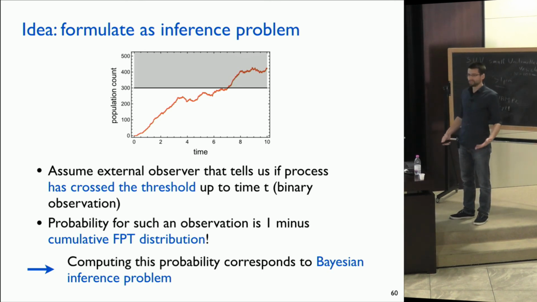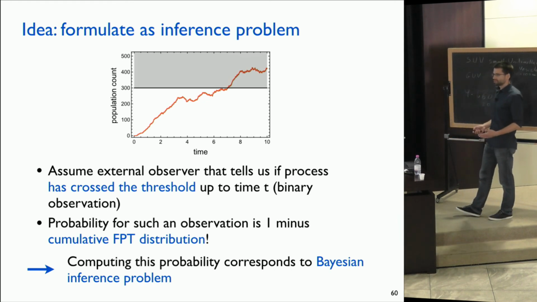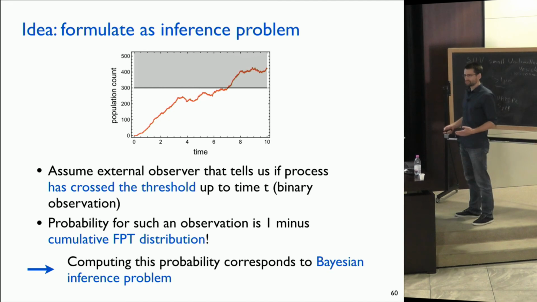If I formulate it like this, it is in principle a Bayesian inference problem. We have a measurement and want to know how likely it is to have such a measurement. In particular, the probability to have a measurement that it has not crossed the threshold, which in physics one could call the survival probability, is just 1 minus the cumulative first passage time distribution.